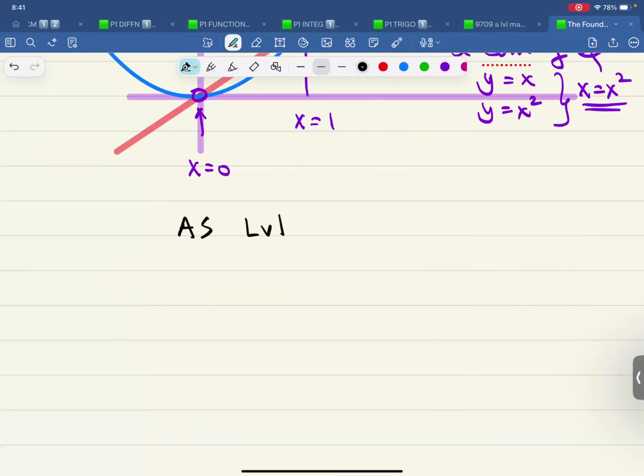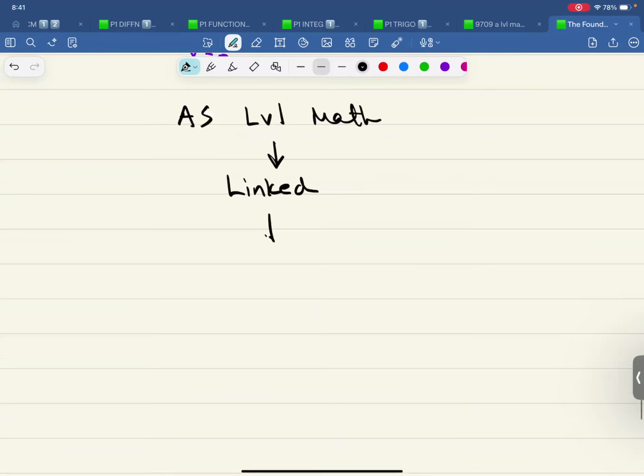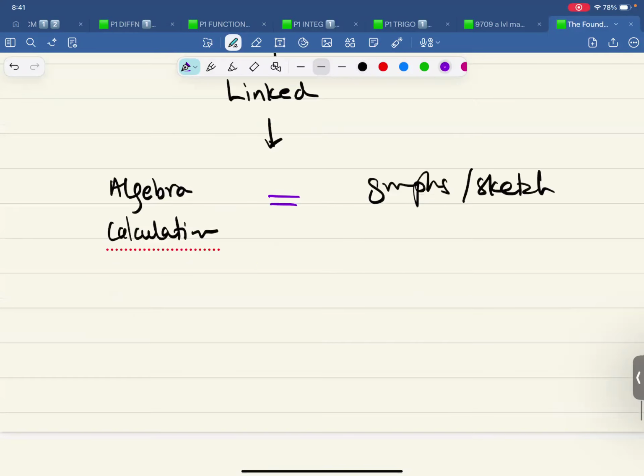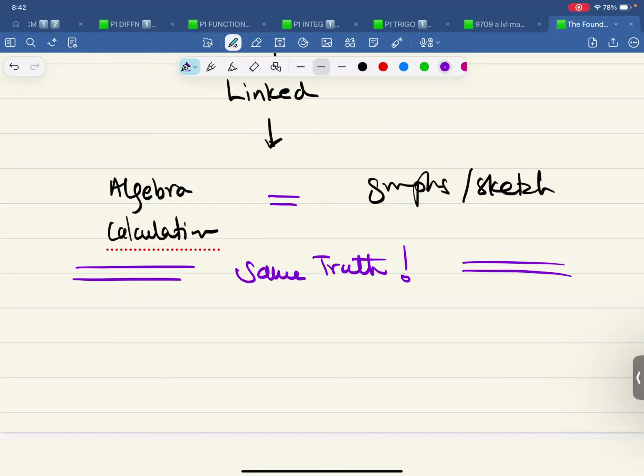In AS level maths, everything is linked. So we have algebra, the calculation, and we have graphs, sketches. Both should tell the same truth. It's not possible that your answer from calculation should be different from this. The two answers should match.